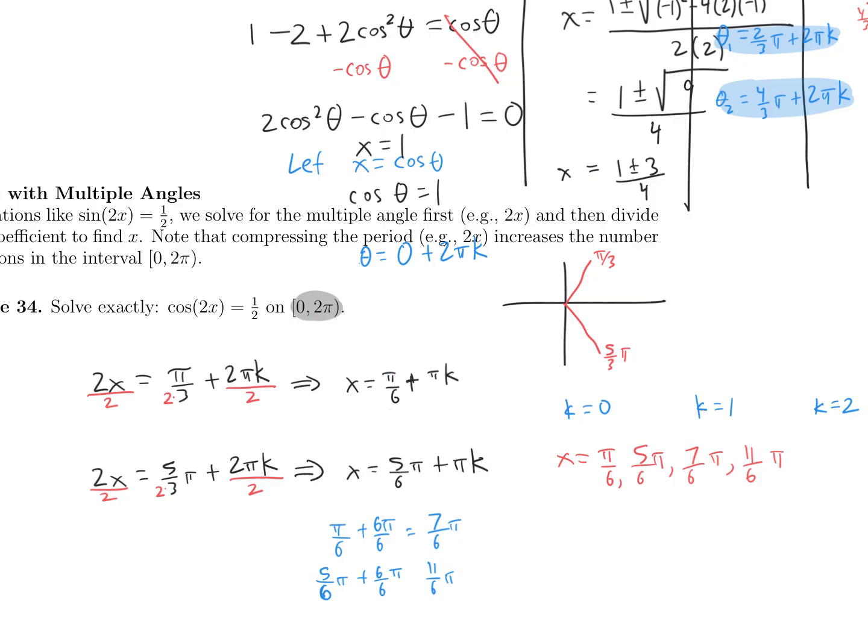And same thing with this one. If k is 2, 2 pi plus 5/6 pi is more than 2 pi. So you don't even have to do 2. It's clearly not going to give us values that are in the interval from 0 to 2 pi. So that will do it. This problem had 1, 2, 3, 4 solutions, and that is the end of this section.